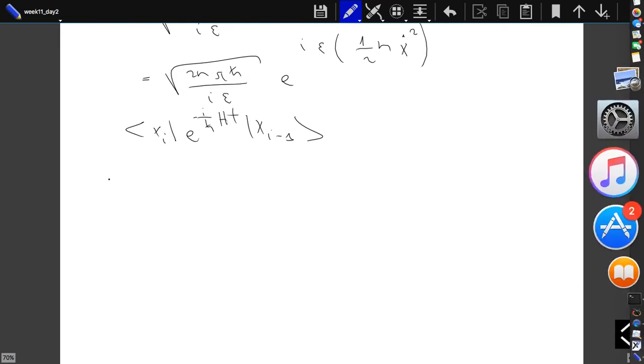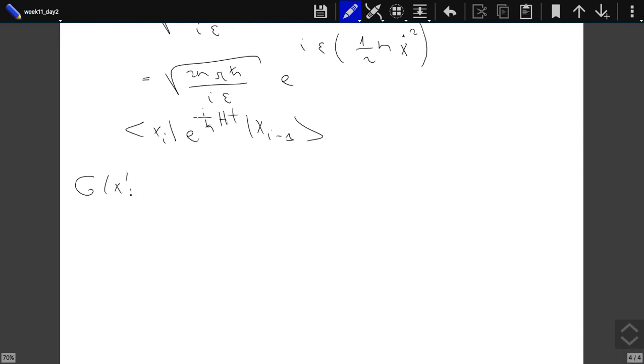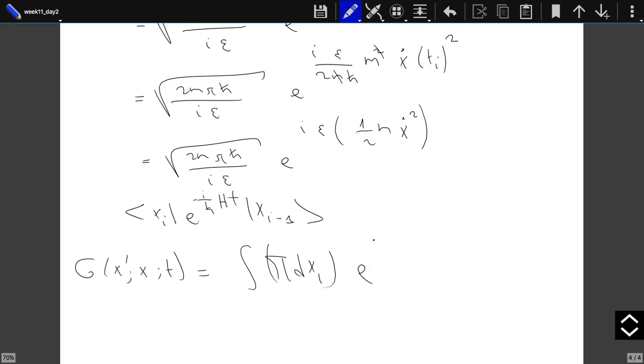So G x prime x t just becomes the sum over the xi, e to the power plus i epsilon over h bar, sum over 1 over 2m x dot squared minus V of x.